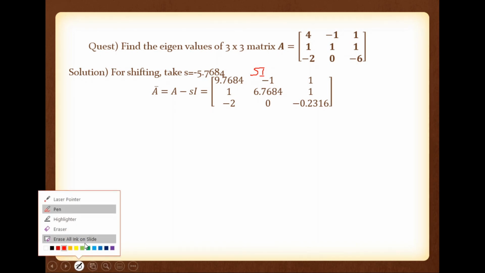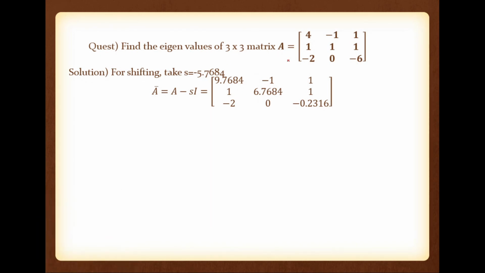So what do we have? A minus SI is 4 minus 5.7684... so we have 9.7684. Then minus 1 minus 0, because of the identity matrix, that is minus 1. Only the diagonal elements are modified.